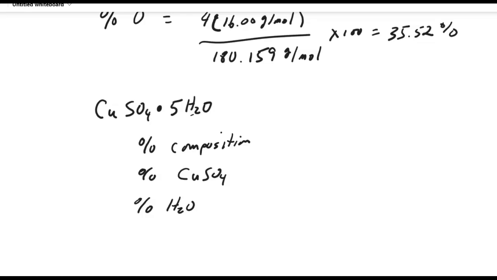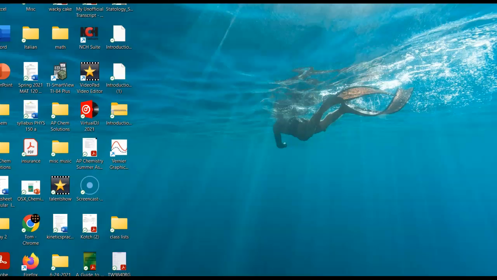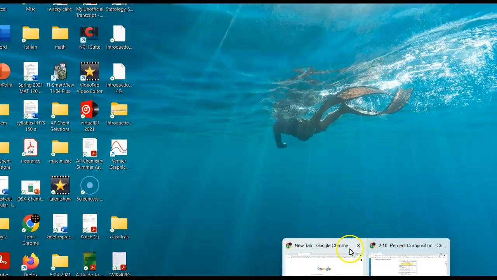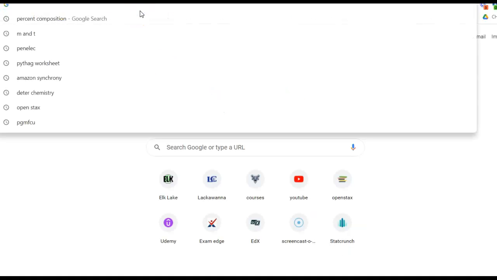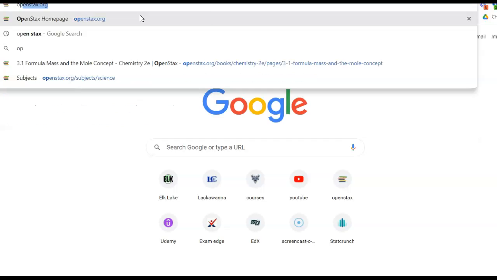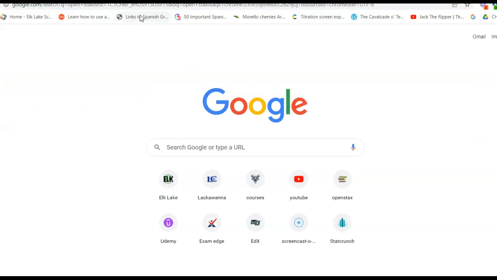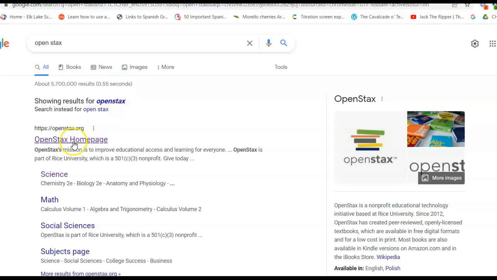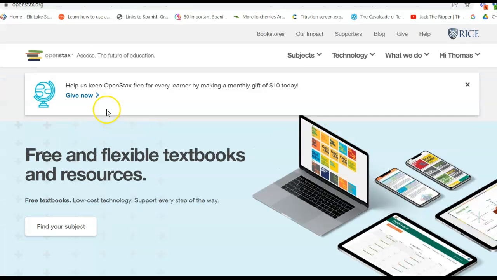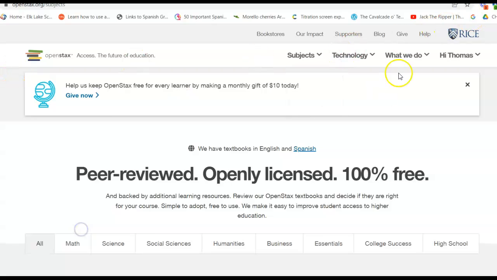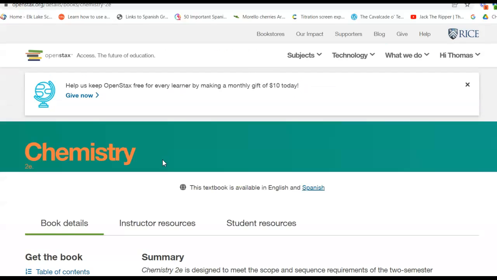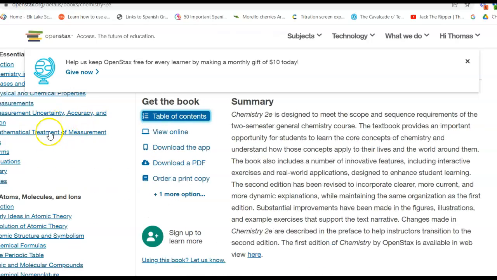So I'm going to have you watch this video in class. And let me pull up my OpenStax. I think this is on page 144 in OpenStax. I'm going to go to science, and our famous chemistry book, and take a look at the table of contents.